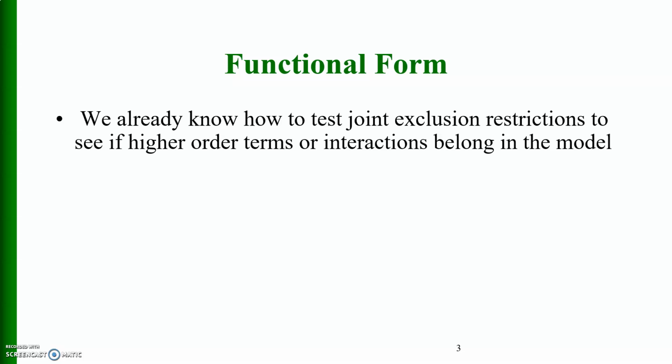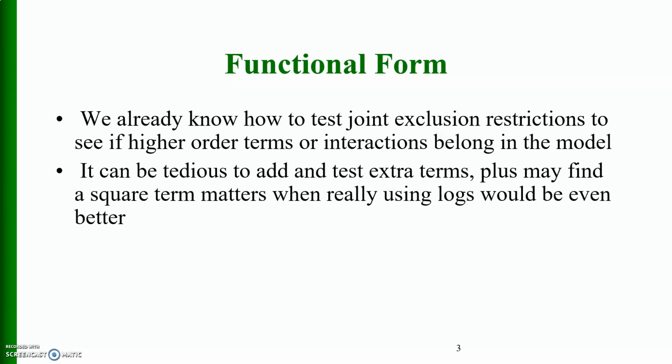If you don't include them and they really matter, then we are committing specification error and we omit important variables. So for that we need to conduct a test which is known as RESET or Ramsey's regression specification error test.